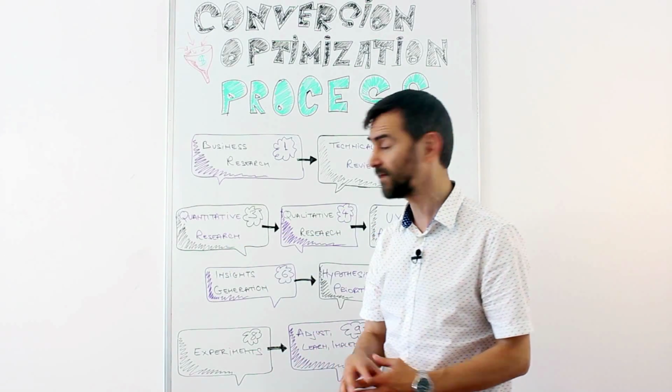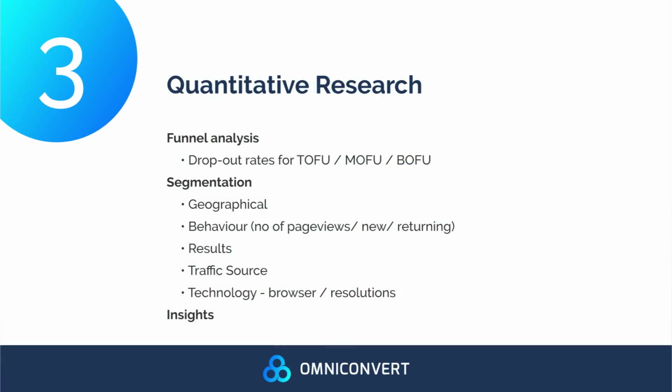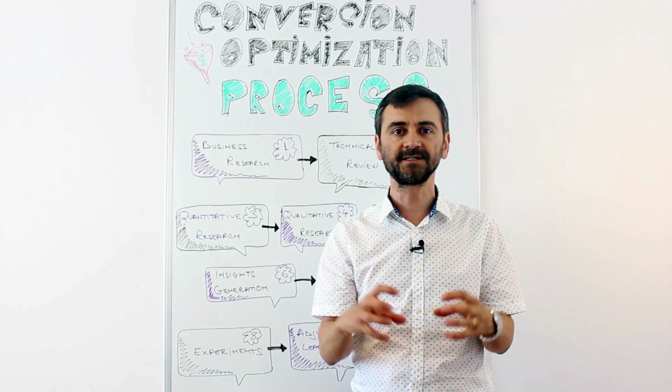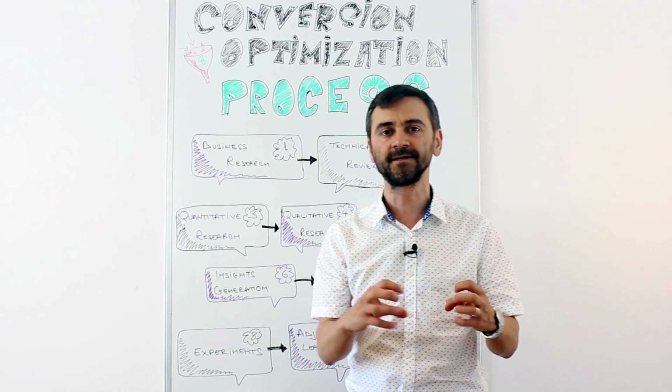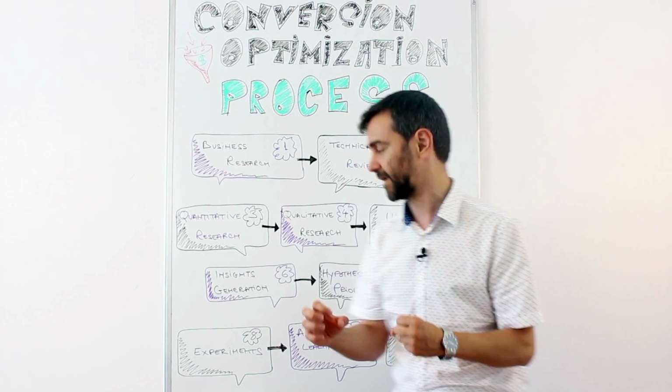After that, you do the quantitative research and you take a deep dive into Google Analytics and you analyze what's going on with the segments, with the funnel, with all the things which can be grouped, right? So quantitative research means you group things, you cluster, you look at a bigger group of data.